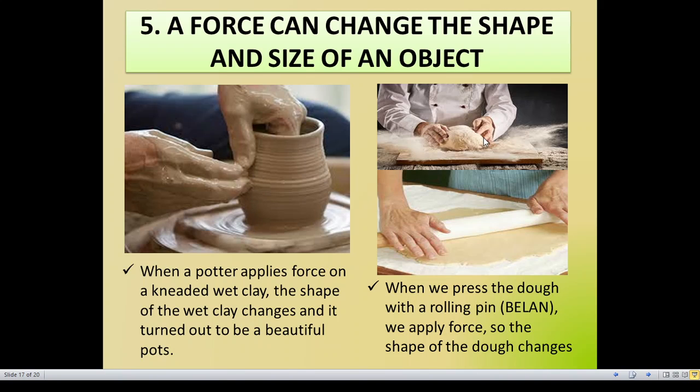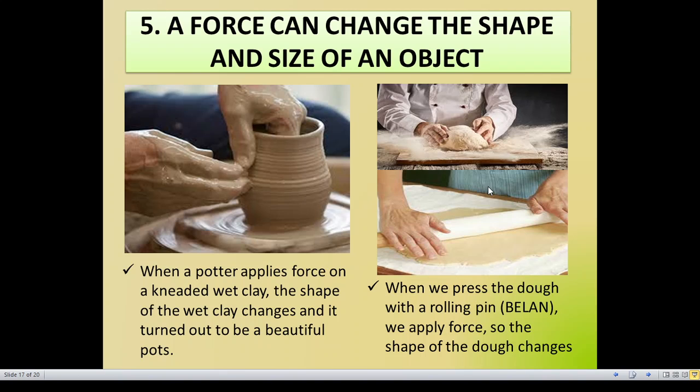Now you look at this image. There are two images here, and this one is known as a dough. What do you mean by a dough? A dough is a mixture of flour and water. So flour and water are combined together to form a dough. When we press the dough with a rolling pin, which is available in all of our houses, this rolling pin is also known as belan.